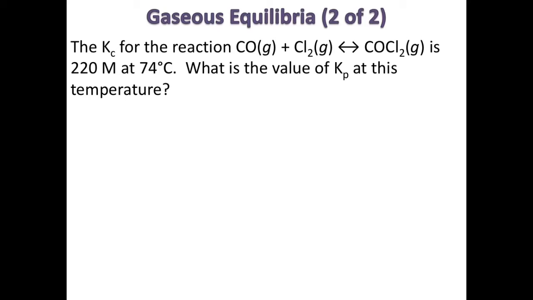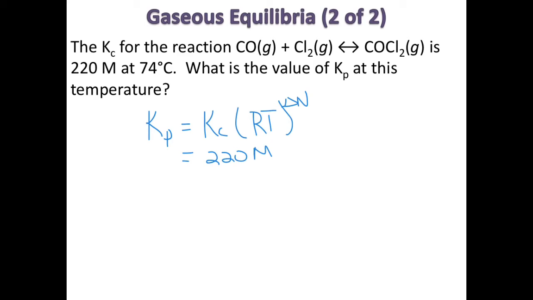So, what we have is Kp equals the Kc times RT to the delta N, which equals 220 molar times RT, 0.082056, times the temperature in Kelvin, which is 347.